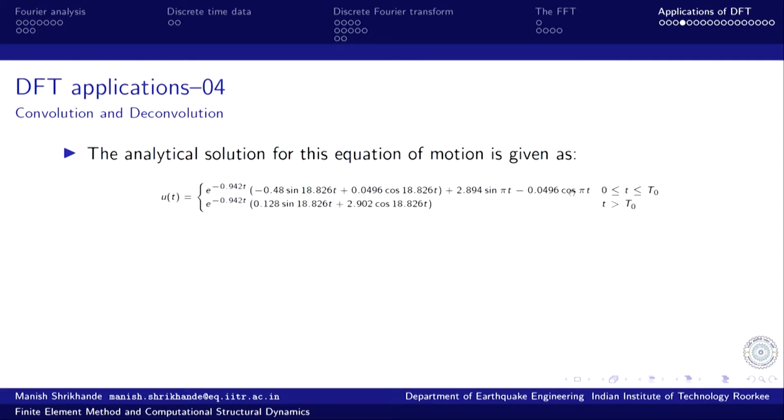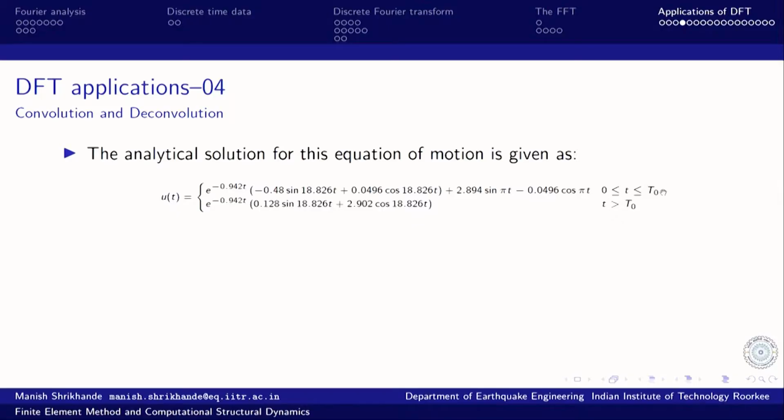The transient response will decay after some time as t increases, and this is computed just so as to have 0 initial conditions. So, displacement and velocity are 0.